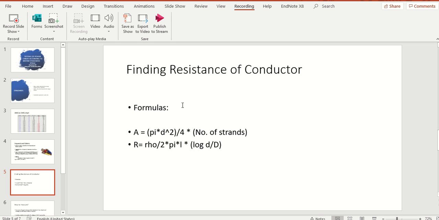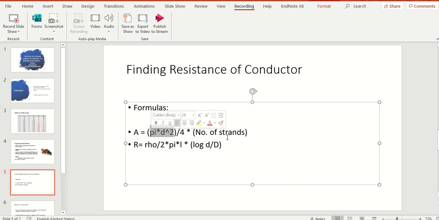It measures 0.001 millimeter, and the vernier caliper measures 0.01 millimeter. So use a screw gauge to find the diameter, and once you have found the diameter, you just put it in this formula and you will get the area.